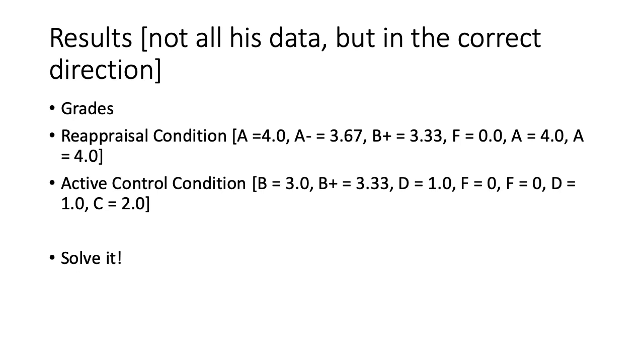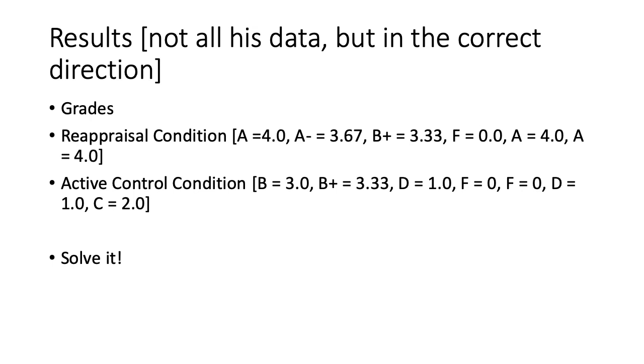Here are your results. And you have to convert these into all our statistics. So please go through all the steps. Get your results. It shouldn't take you that long. I think that's great.